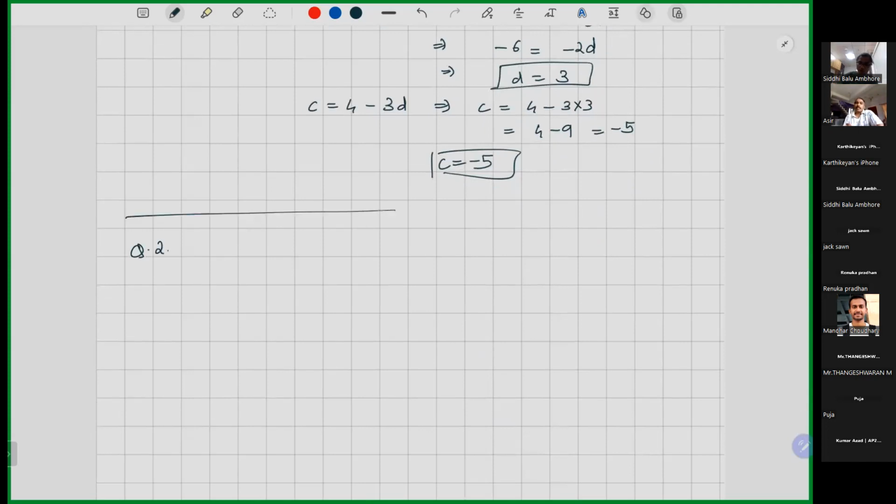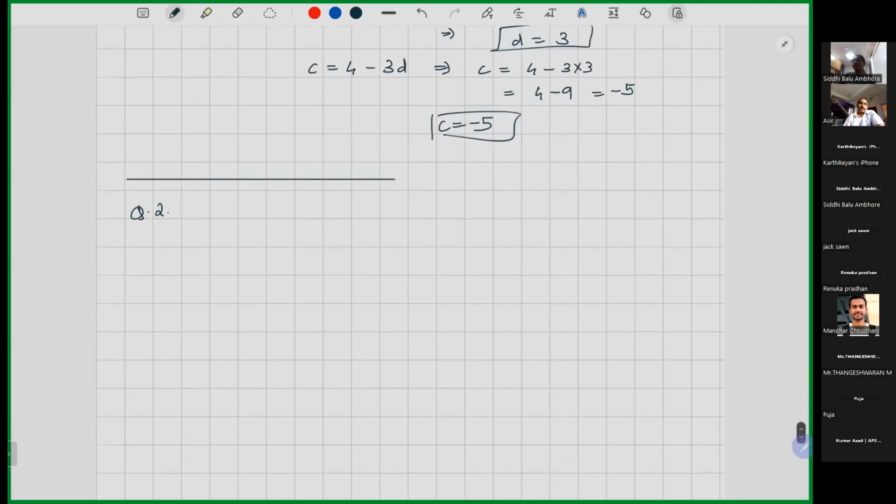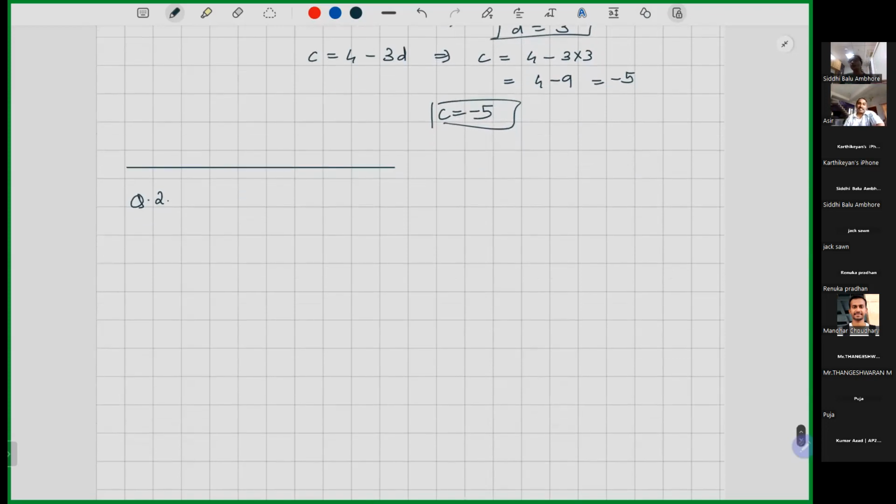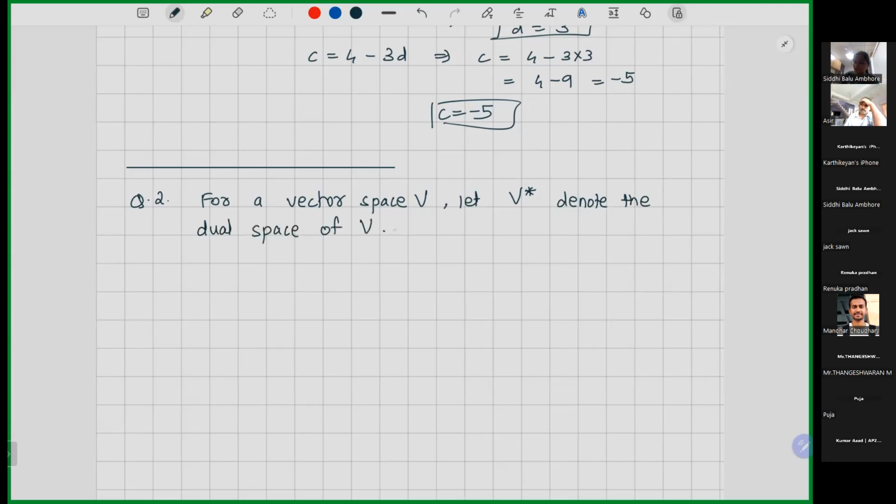Question 2. So this is related to dual spaces and linear functionals. For a vector space V, let V star denote the dual space of V, and check whether the following statements are true or not.